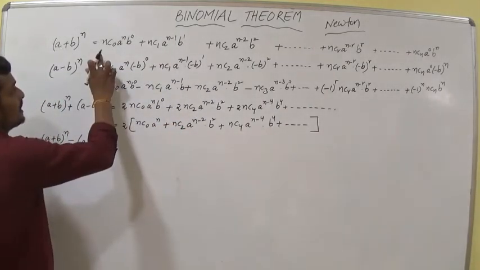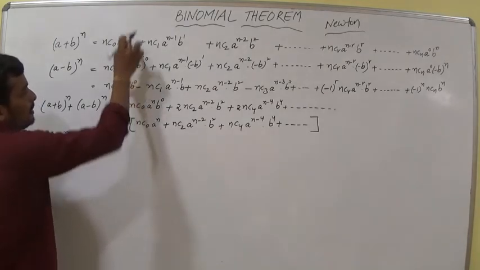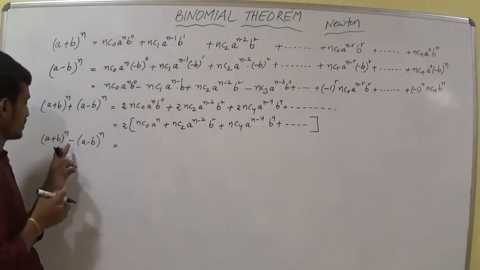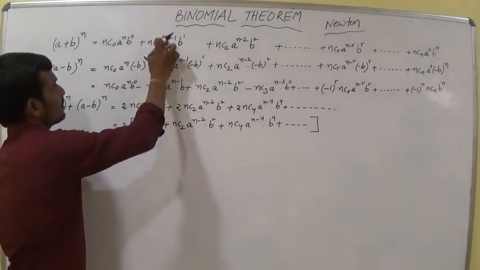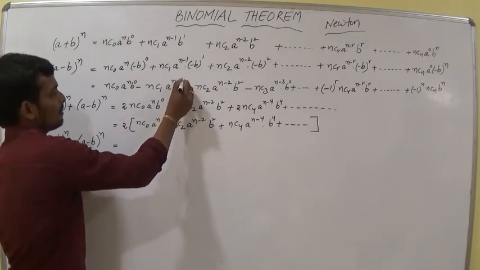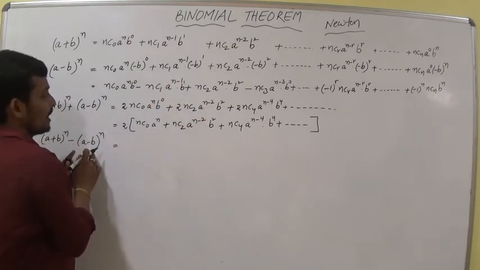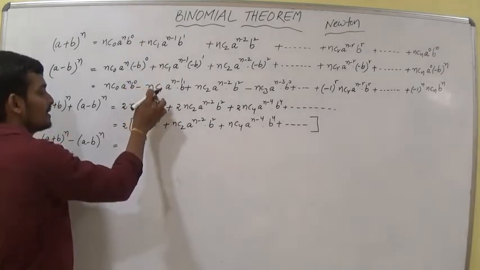Observe this. nC0 a power n b power 0 and nCn a power n b power 0, these two are cancelled. Why? Because we are doing minus. And the next step: this is nC1 a power n minus 1 b power 1, and nC1 a power n minus 1 b power 1. So we are doing minus, and this minus becomes plus.